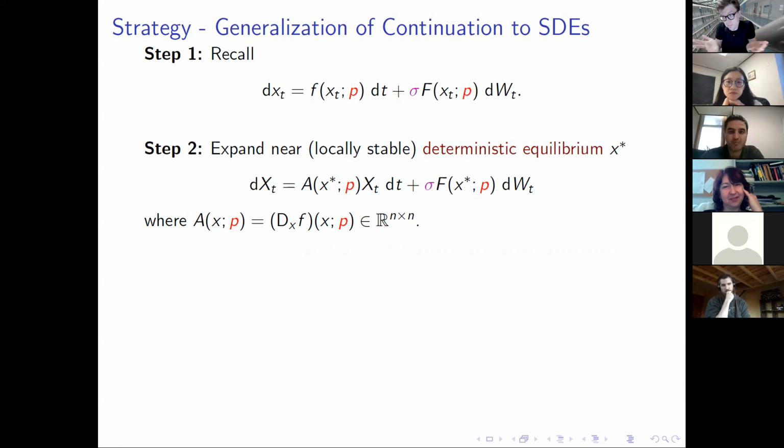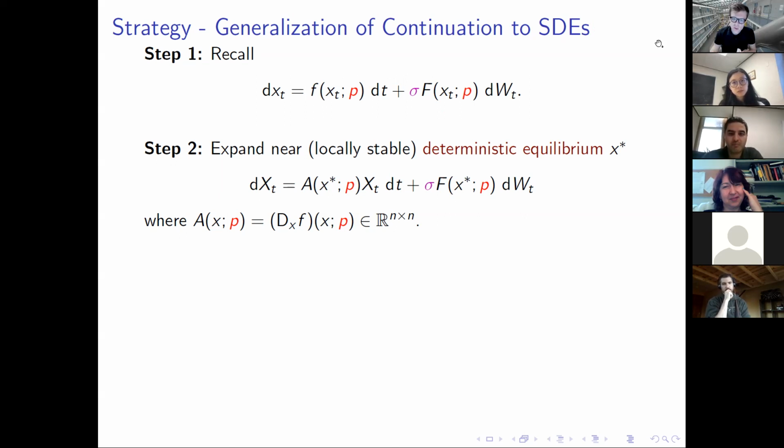This makes sense in a biological system: I have fluctuations around an equilibrium, and I'm interested in how big they are and what the most important local perturbation directions are, how I can deviate from the deterministic case. So let us assume noise is sufficiently small. If the noise is big, you probably didn't model the system right. We are interested in which directions are relevant and which are not.